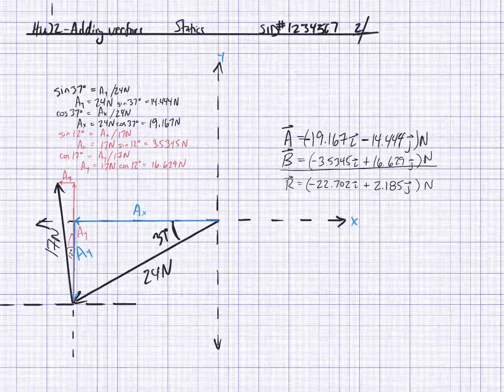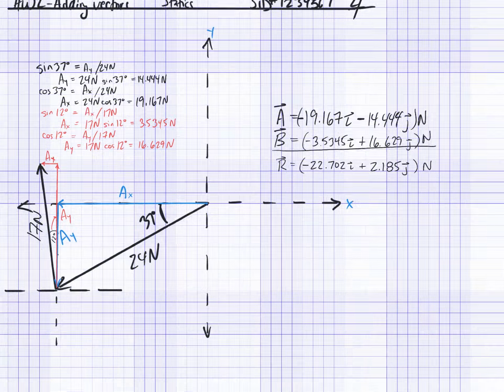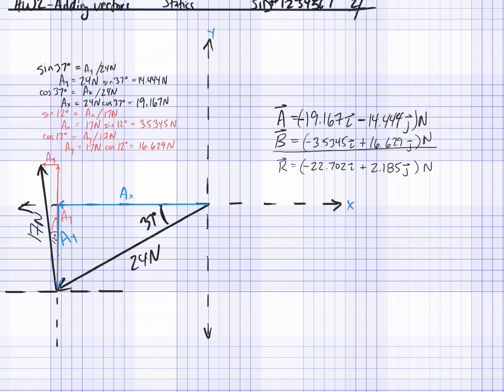But note, the way that I like to think about this, when we're doing all this stuff, is in the X direction, I move 19.167 in this direction, and then I move another 3.5345 in that direction.